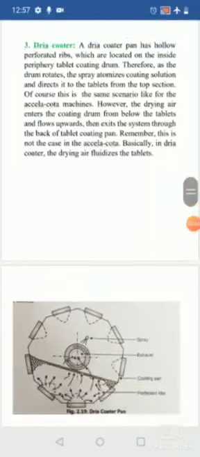Means throughout the inside, in a circular form, these ribs are located at small gap intervals. As the drum rotates, the spray atomizes the coating solution and directs it onto the tablet from the top section. So from the top you are going to spray the coating solution.